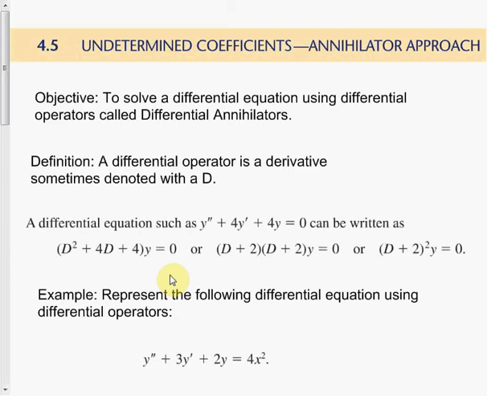So this particular problem can be written as D squared plus 4D plus 4, which is said to be operating on y. So that's why it's parentheses D squared plus 4D plus 4, close parentheses. It looks like it's times y, but it's actually the operation on y equal to 0. And then you can simplify that as what they did there.